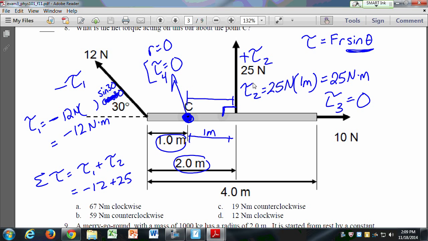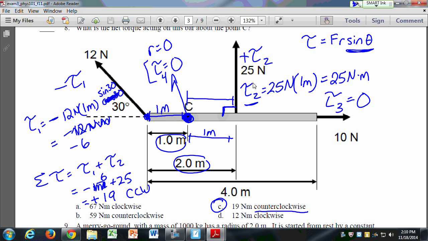This should not be 2 meters, but 1 meter, because the distance from this point is 1 meter on each. So that gives me negative 12 times a half, which is negative 6. So negative 6 plus 25 is 19. It comes out positive, so we know it's counterclockwise. This is equal to positive 19.